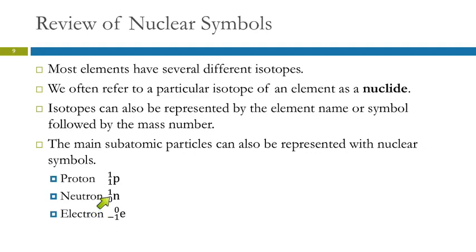The neutron, N for neutron, has 0 protons, but the mass is 1, and so its mass number is 1. And then we have the electron, E, and its mass number is 0, and this is a little strange, but we'll see why. The number of protons is -1. So just kind of put that on hold in your brain for a couple minutes.